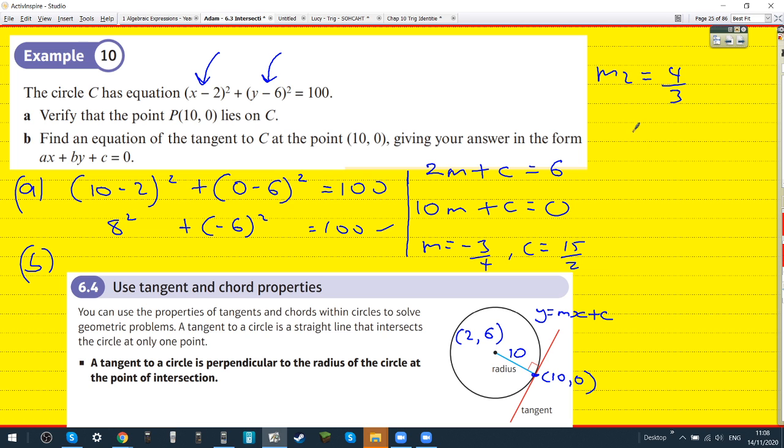So do we write it out as y equals 4 over 3x and then plus c? Yeah. And then do we substitute 10, 0 in? Yep. So it'd be 0 equals 4 over 3 times 10 plus c. Let me work that out.